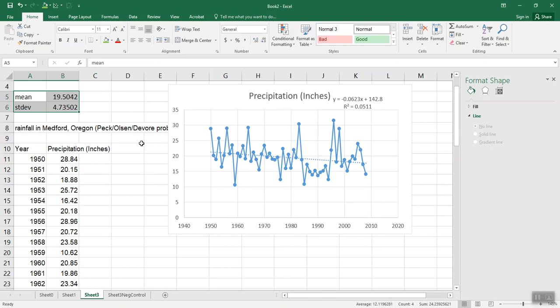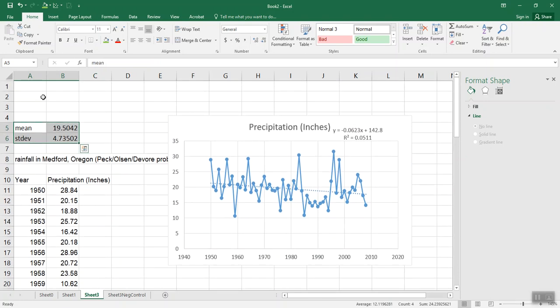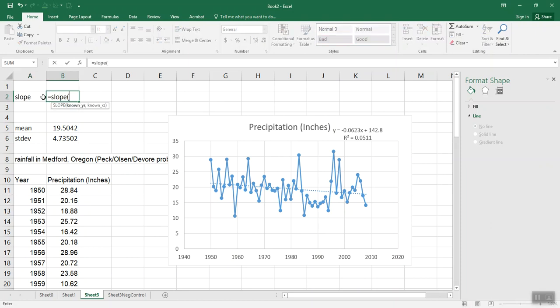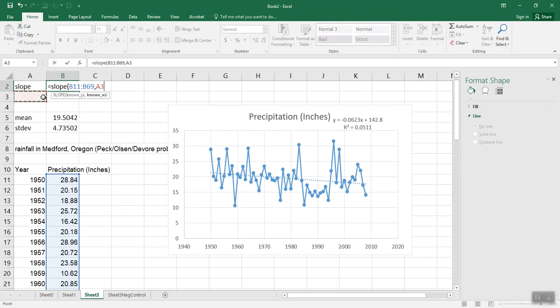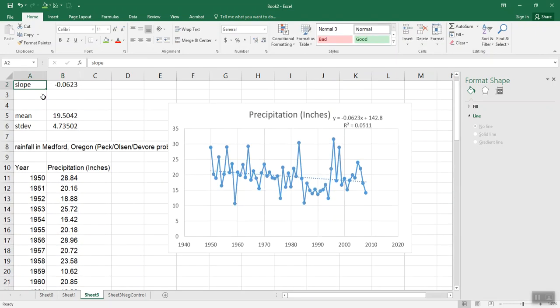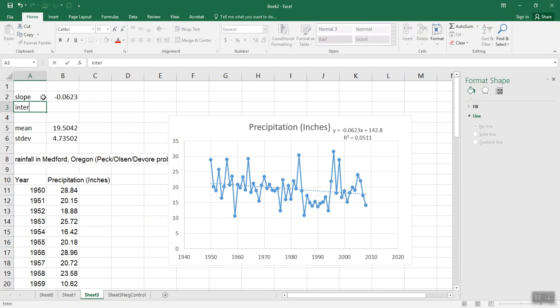Let's come back over here and get the trend line slope of the original data. So, the slope wants the y values first.